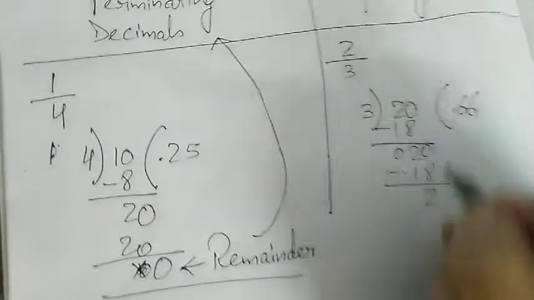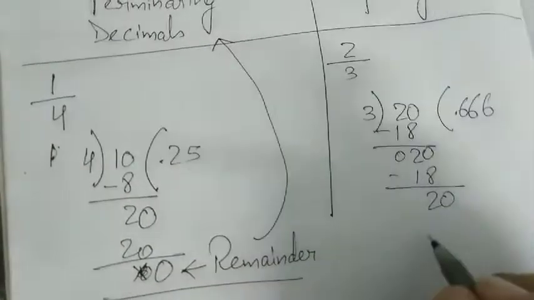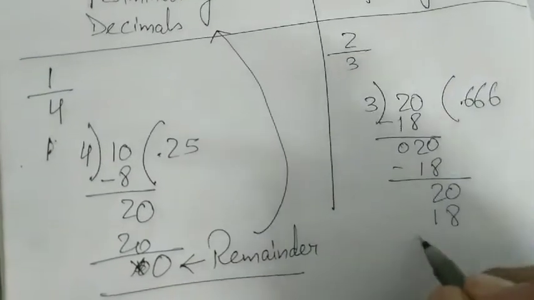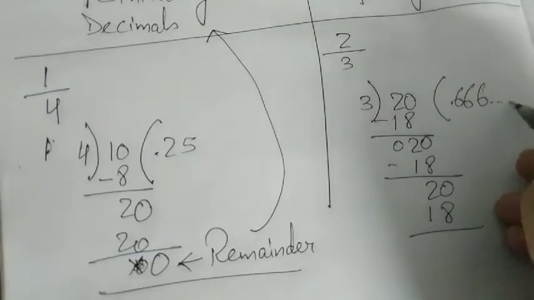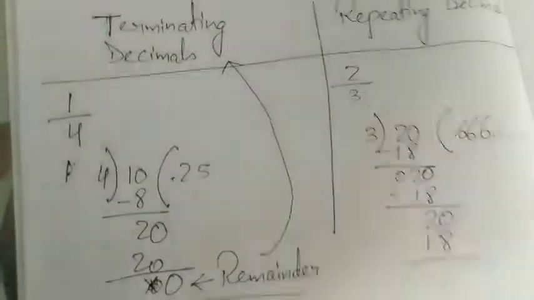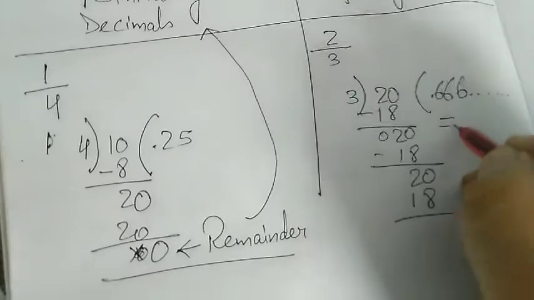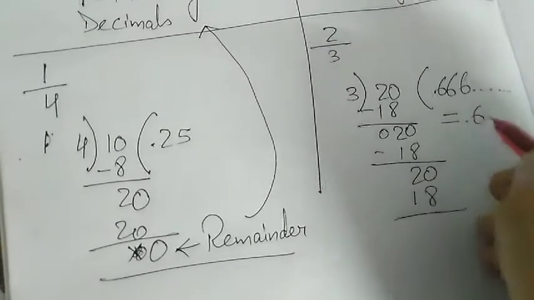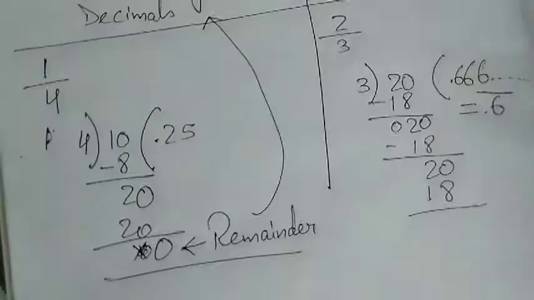Again for a decimal, 20, 3 6s are 18. So you will keep getting 0.666666 and so on. If you get this kind of number, it is further written as 0.6 repeated, so let's write 0.6 bar.